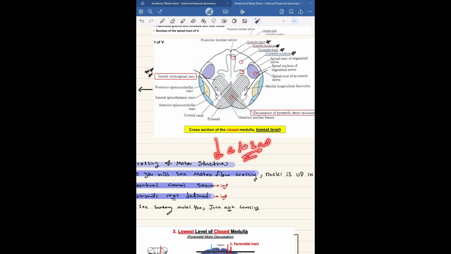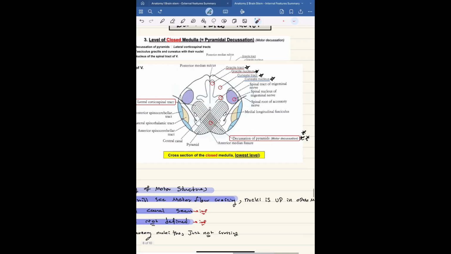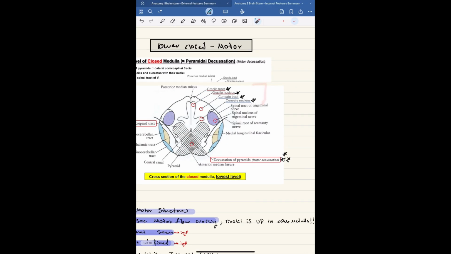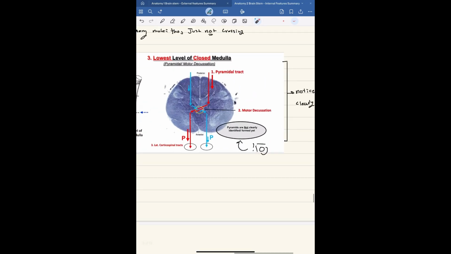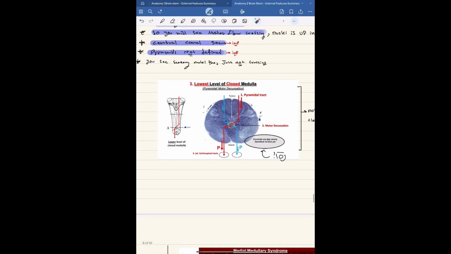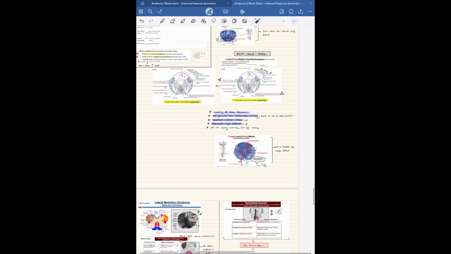And since it is the lower closed, it means it's related to motor. If you see decussations, that's motor decussations. Notice the nuclei of the sensory tracts are still there, so we don't see the crossing of them. Okay, here it just basically shows you the pyramids are not clearly identified.